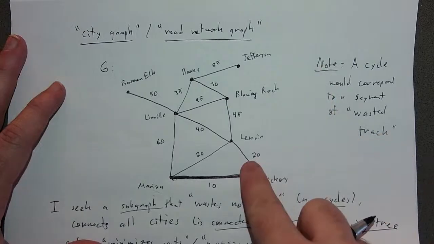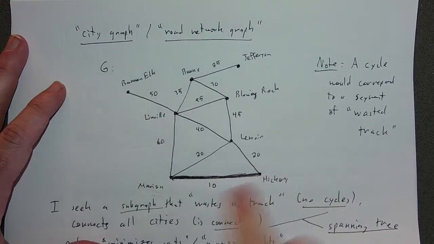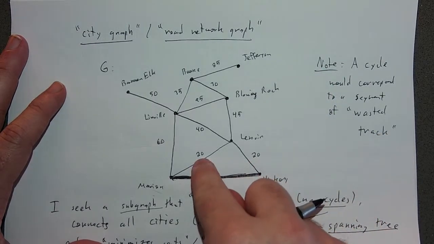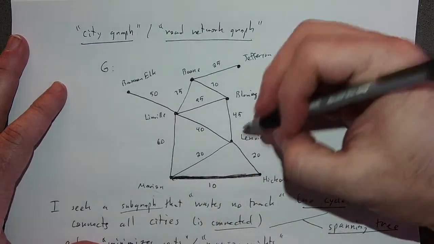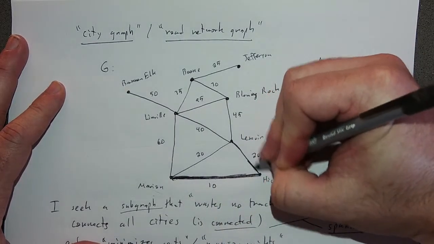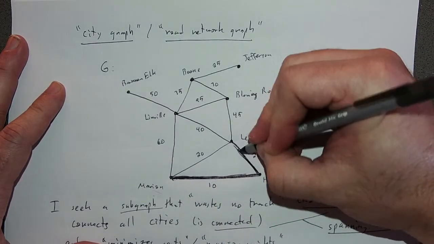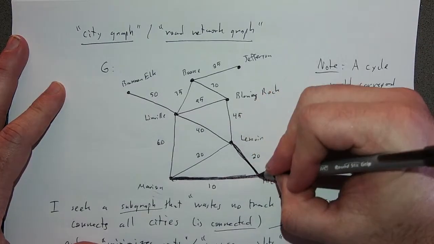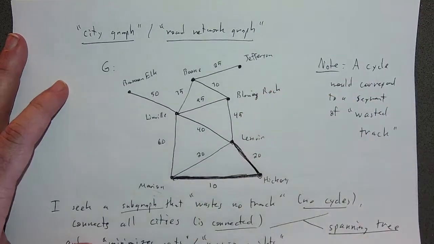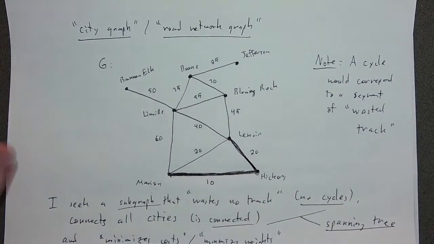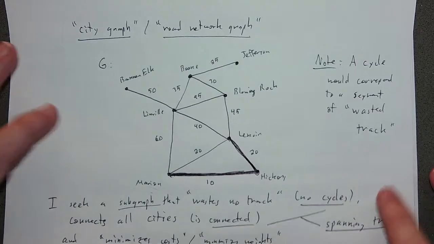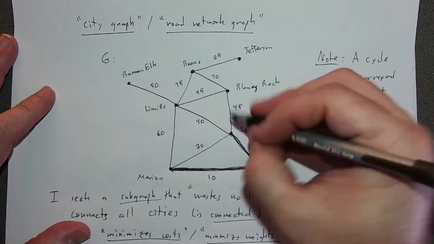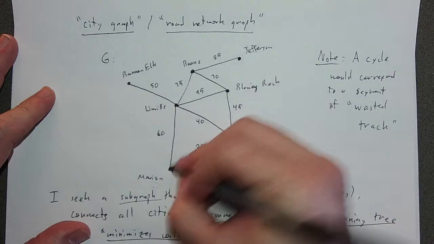Here, I have an option, right? I could choose this one or this one. They're both 20. I'm going to pick this one just because, but we're going to see how this leads to non-uniqueness in this example, because I could have just as well chosen this. Okay. And so here's what I get.